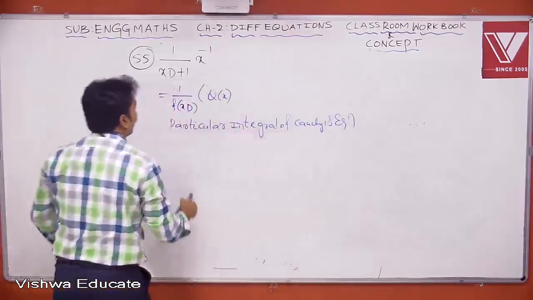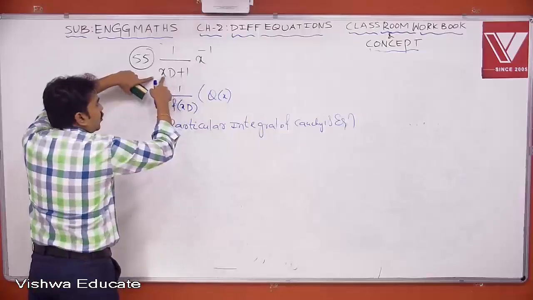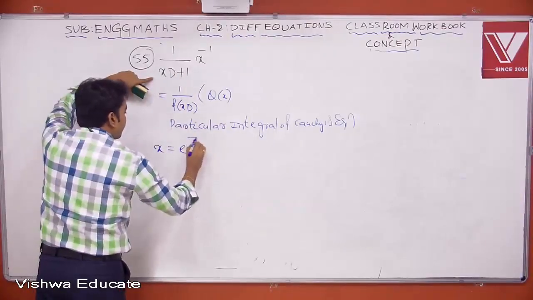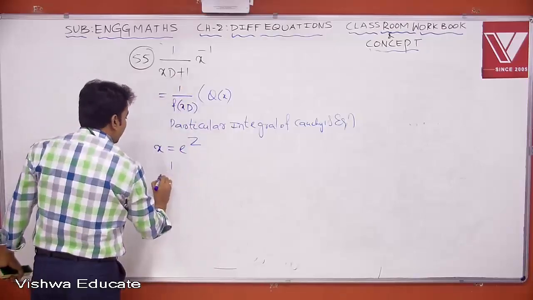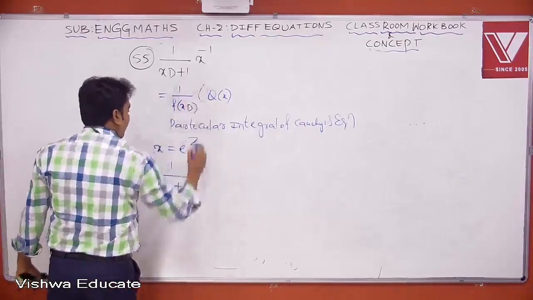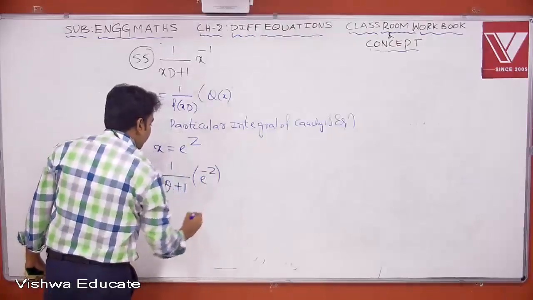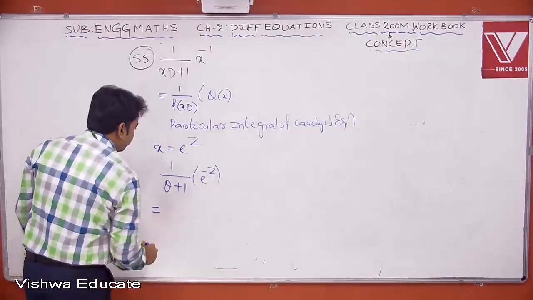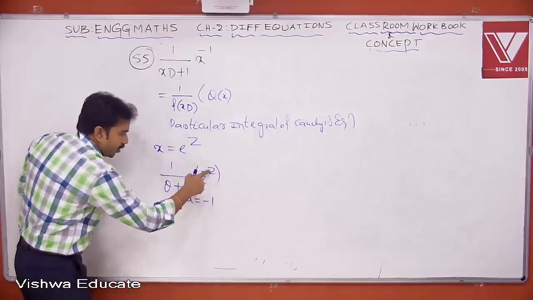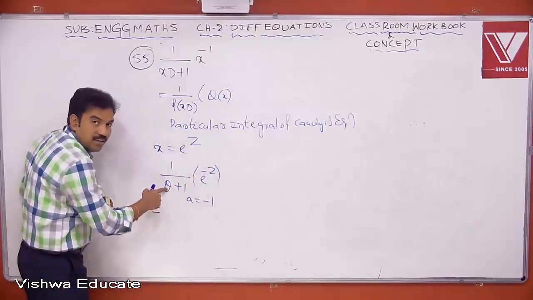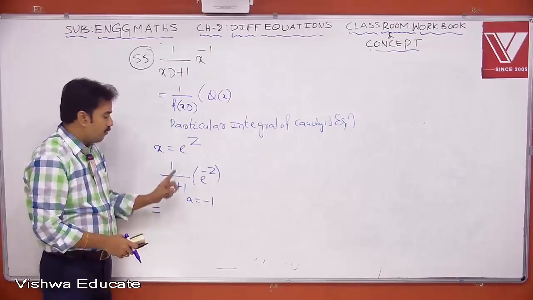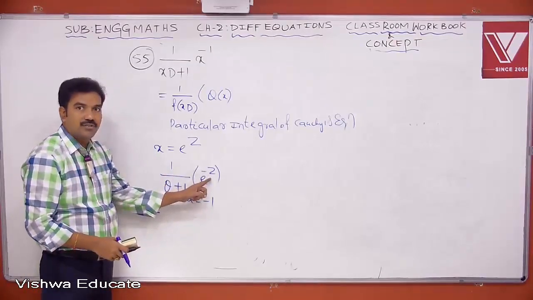So if you want to handle Cauchy's equation, we need to take x equal to e power z. Therefore this expression becomes, xD becomes theta: 1 by theta plus 1 of e power minus z. Now here the coefficient of z is minus 1. Let us try to apply case 1 of particular integral. What is case 1? 1 by f of D of e power ax.